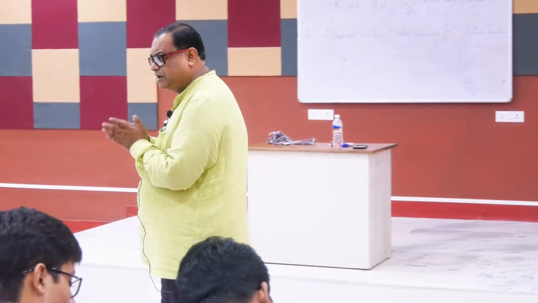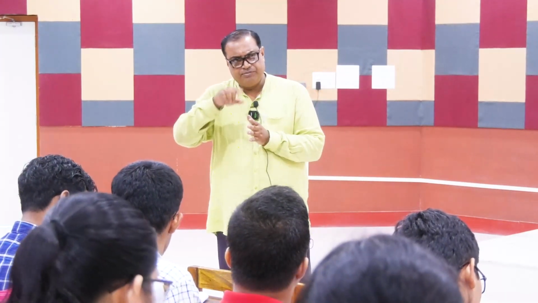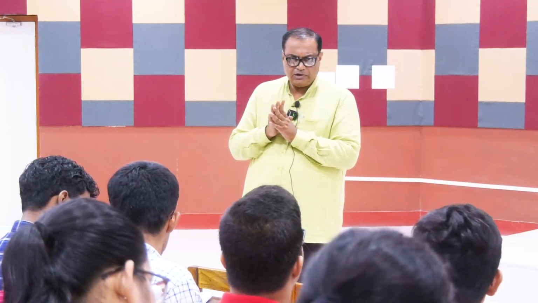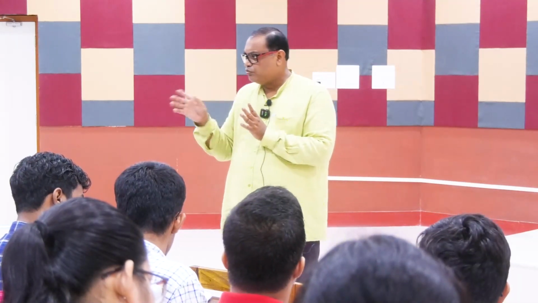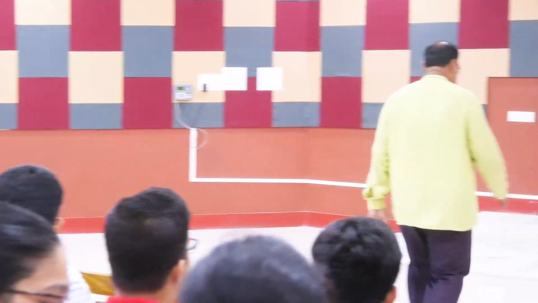Actually, we should write beta 2,1 because fructose remains in beta form and glucose remains in alpha form. But since we prefer the sequence 1 and 2, mostly in books you will find beta 1,2 written. Actually, it should be beta 2,1. When you are writing 1,4 and 1,2, how do you write?